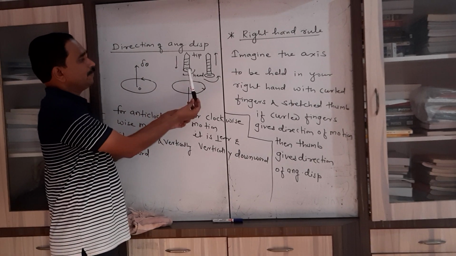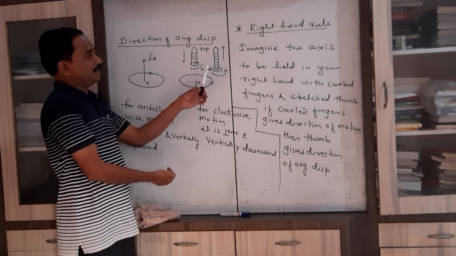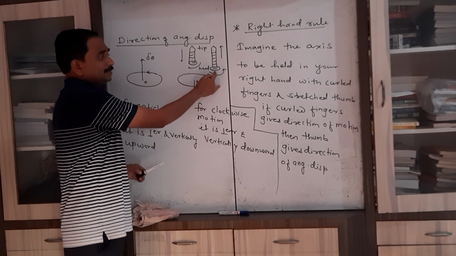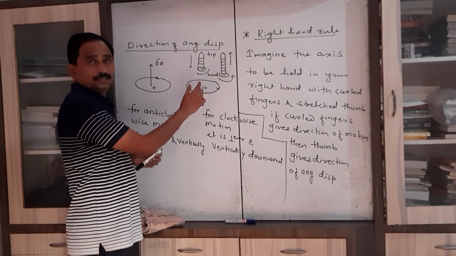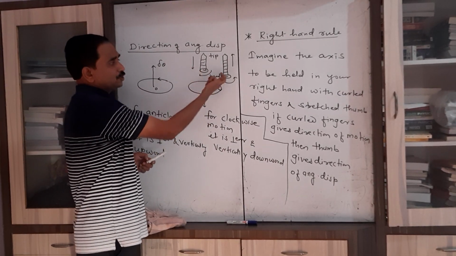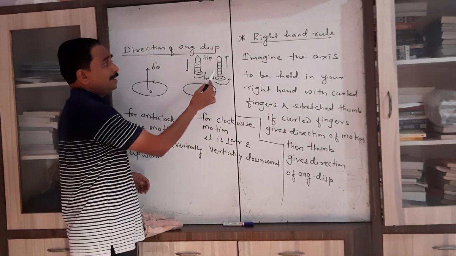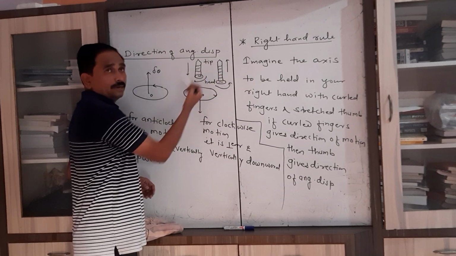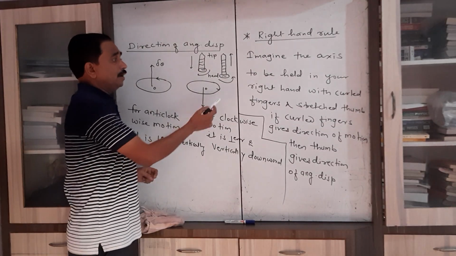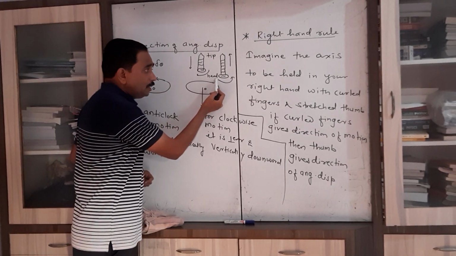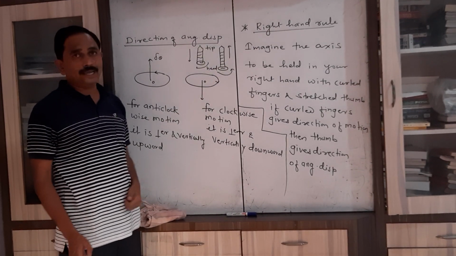Now if we keep the right handed screw in an inverted fashion in such a way that this is the head and this is the tip, and we rotate that screw in the direction of motion, that is anti-clockwise, then the tip gives us the direction of the angular displacement. If we move this screw in anti-clockwise direction, the tip moves upward.